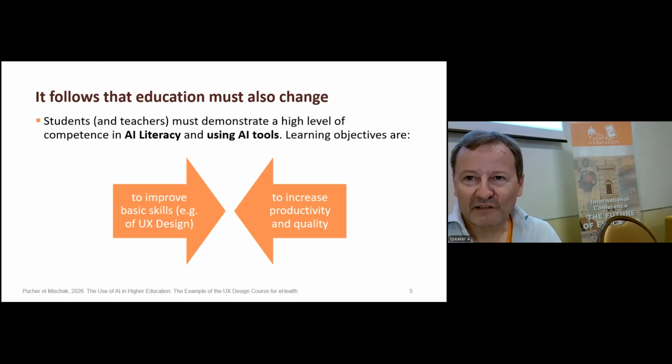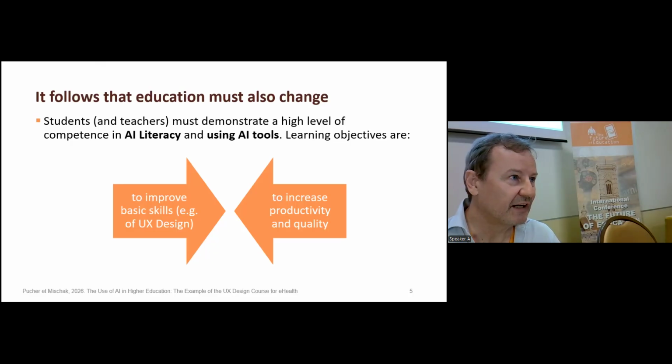Although our administration wants to have one tool, which is called Mistral, and it's a European tool, and I think the main reason is data protection issues and also other things. So for education, we have to improve the basic skills of our students, for example, for user experience design, and increase productivity and quality, given the same workload as before.